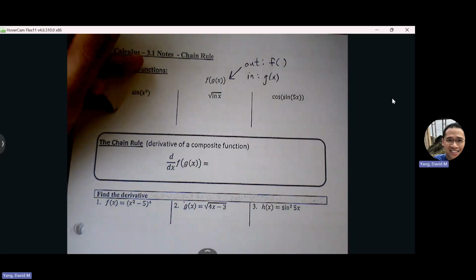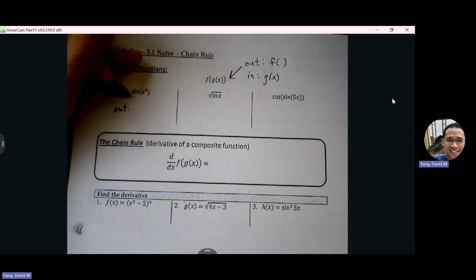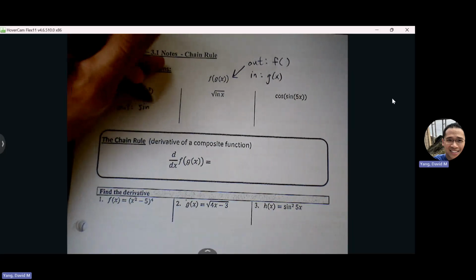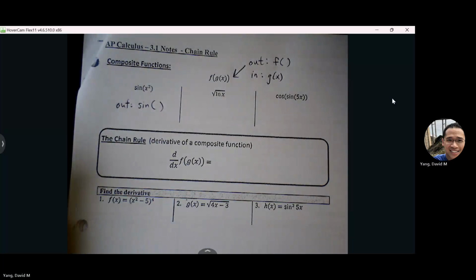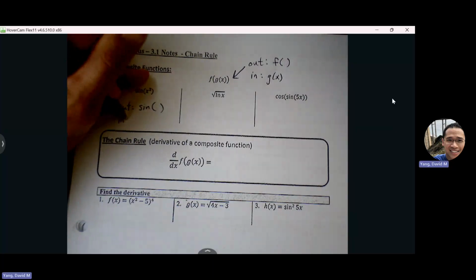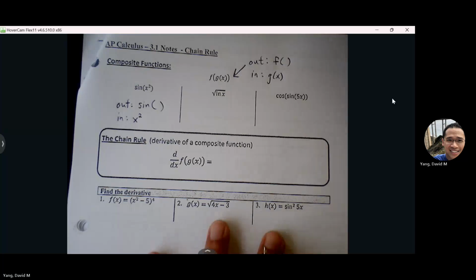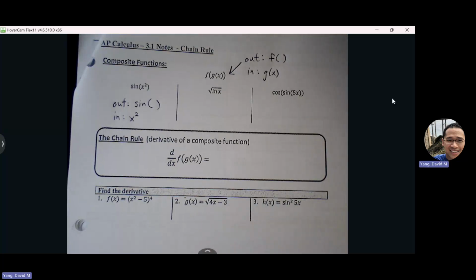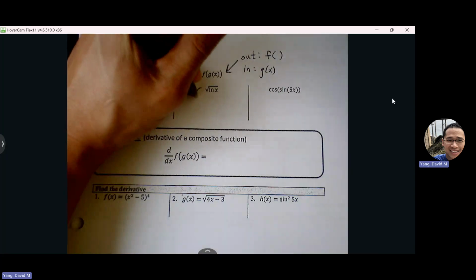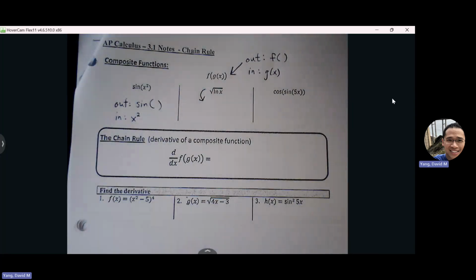So sine of x squared, the outside portion would just be the sine without the x squared. Here, the inside portion would just be the x squared. If you see a radical, you can rewrite it. So what's another way that we can rewrite square root of natural log of x?